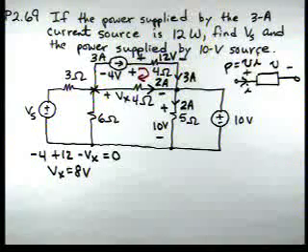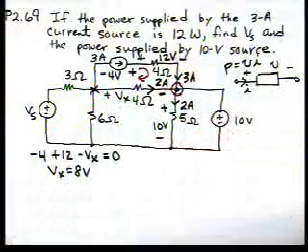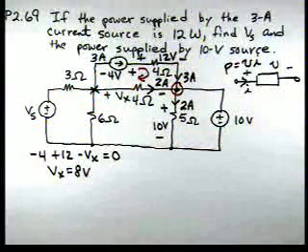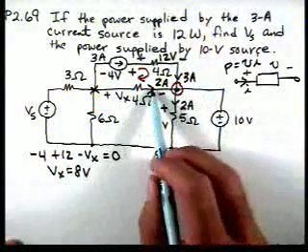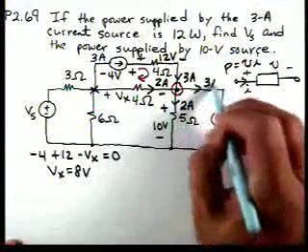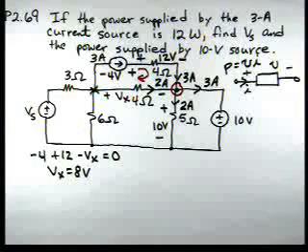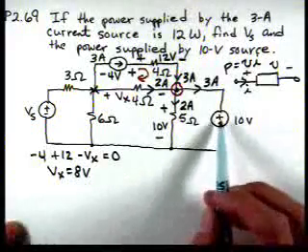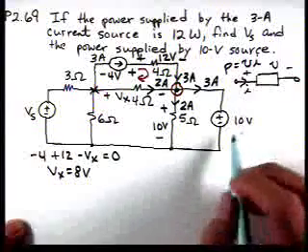Now we're ready. If we apply Kirchhoff's current law at this node, we have 3 amps entering, 2 amps entering is 5 entering, and we have 2 amps leaving. So it has to be 3 amps leaving, flowing into the 10 volt source. This is satisfying the passive sign convention: current's entering the plus, leaving the minus.